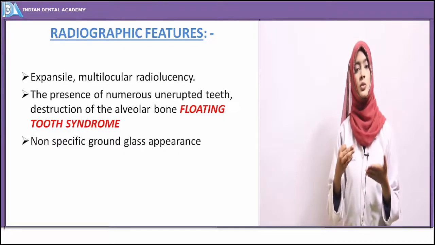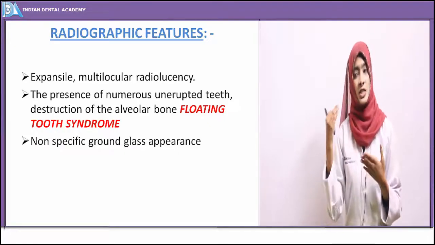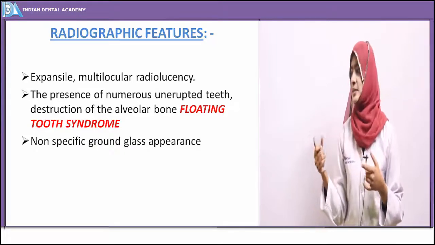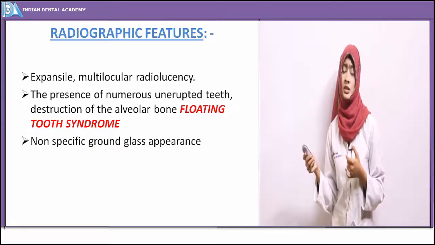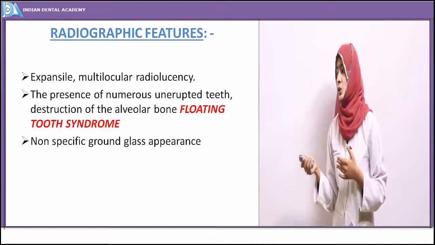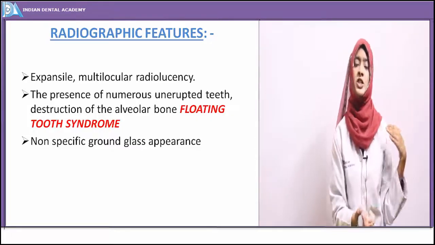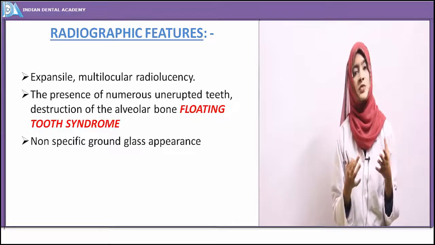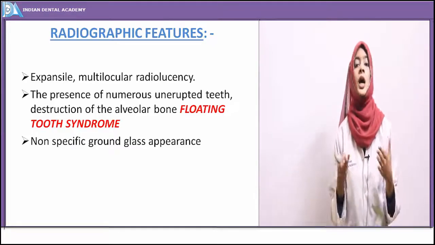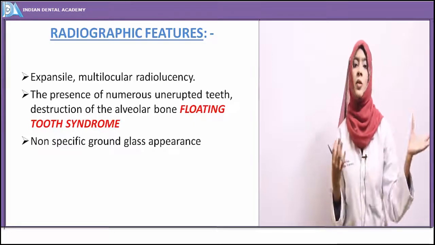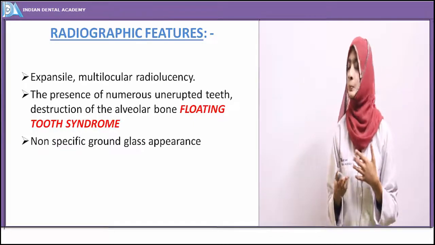Noonan's syndrome is nothing but the presence of a cherubic look along with other symptoms of Noonan syndrome. The histologic appearance is similar to that of fibrous dysplasia, that is the non-specific ground glass appearance. It has also been stated that cherubism is a form of fibrous dysplasia.